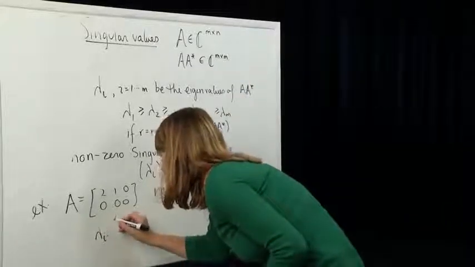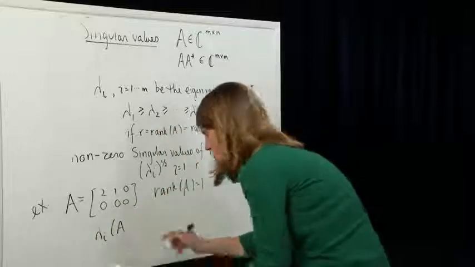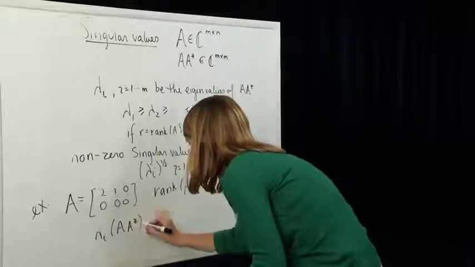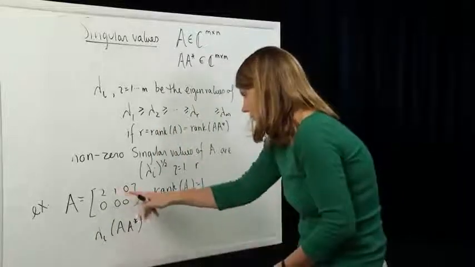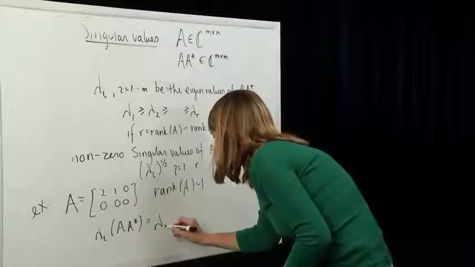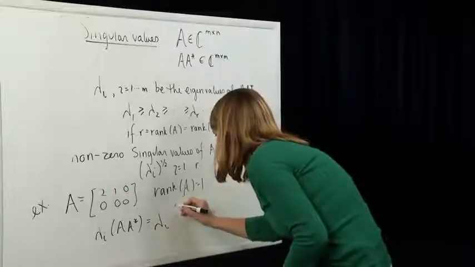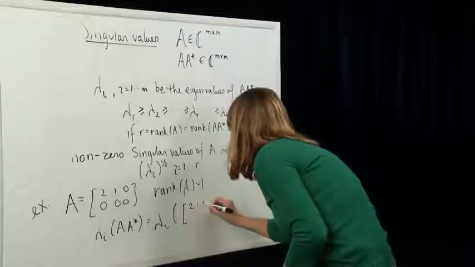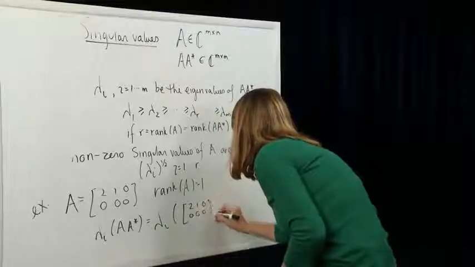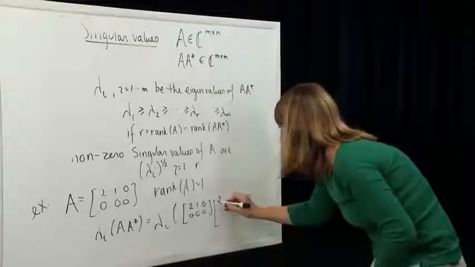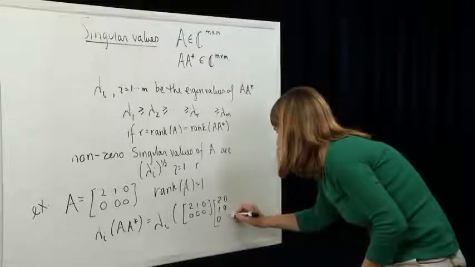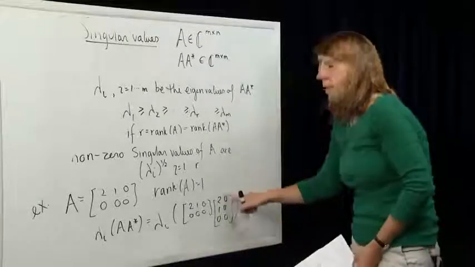So the eigenvalues, lambda i, of the matrix AA star are going to be the eigenvalues of the product. So it's going to be the square matrix 2, 1, 0, 0, 0, 0 multiplied by 2, 1, 0, 0, 0, 0. Okay, so that's A star.